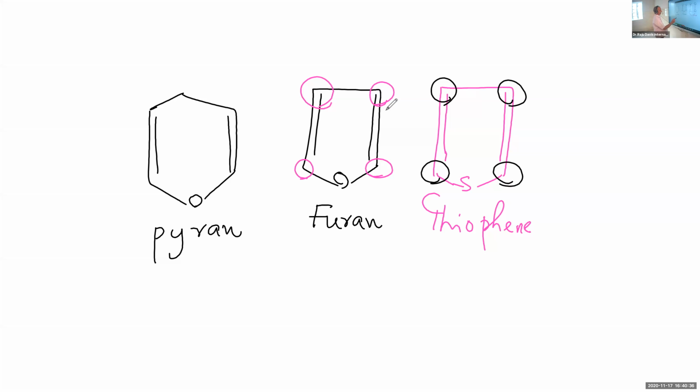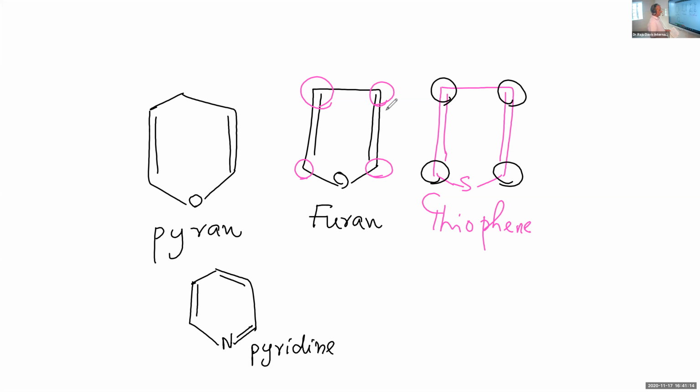Or you take pyridine, another compound called pyridine. In the ring, in addition to carbon, there will be nitrogen also. In the ring, there is a nitrogen atom. So the compounds containing an atom other than carbon in the ring are called heterocyclic compounds.